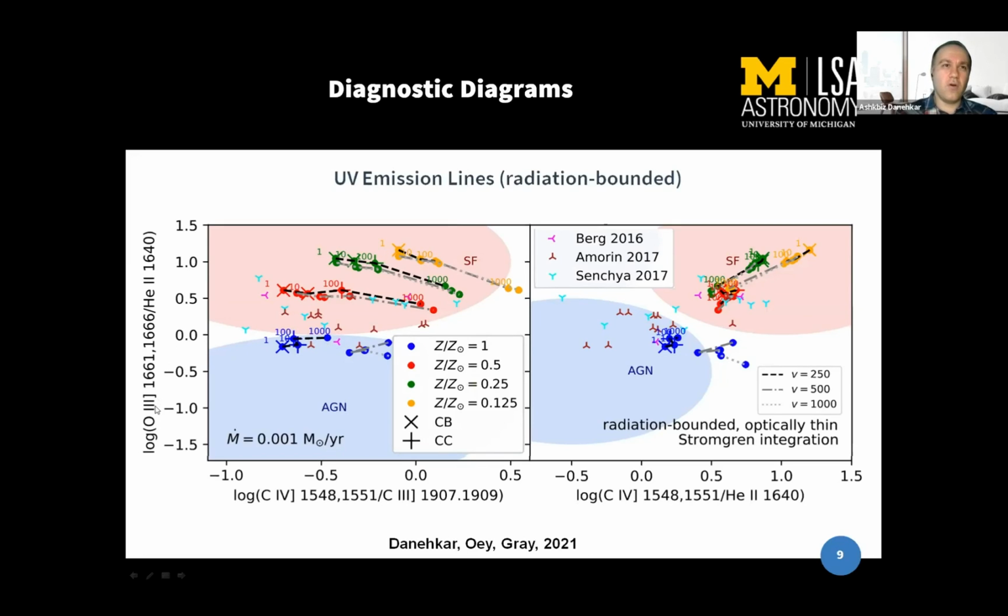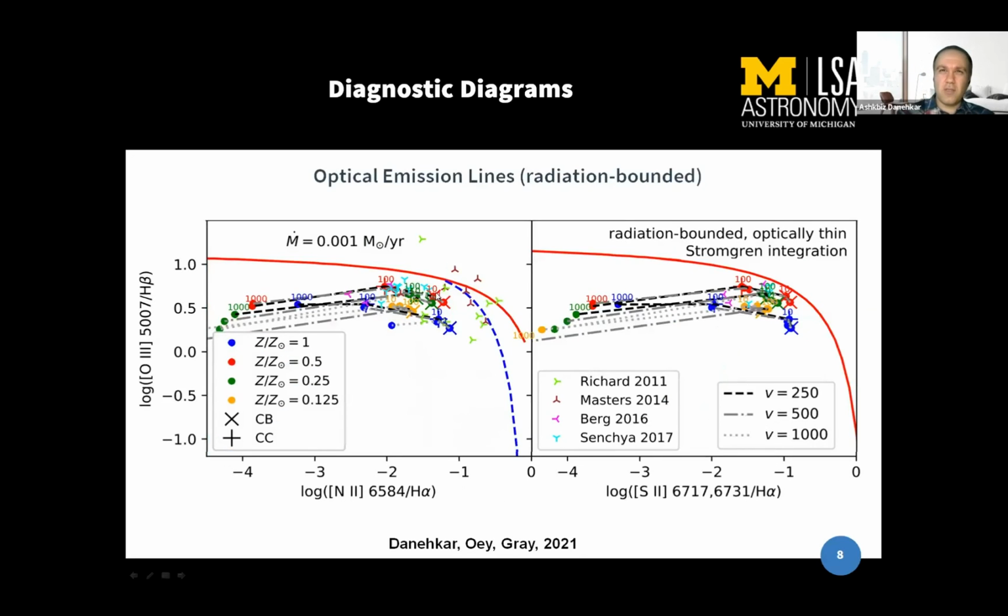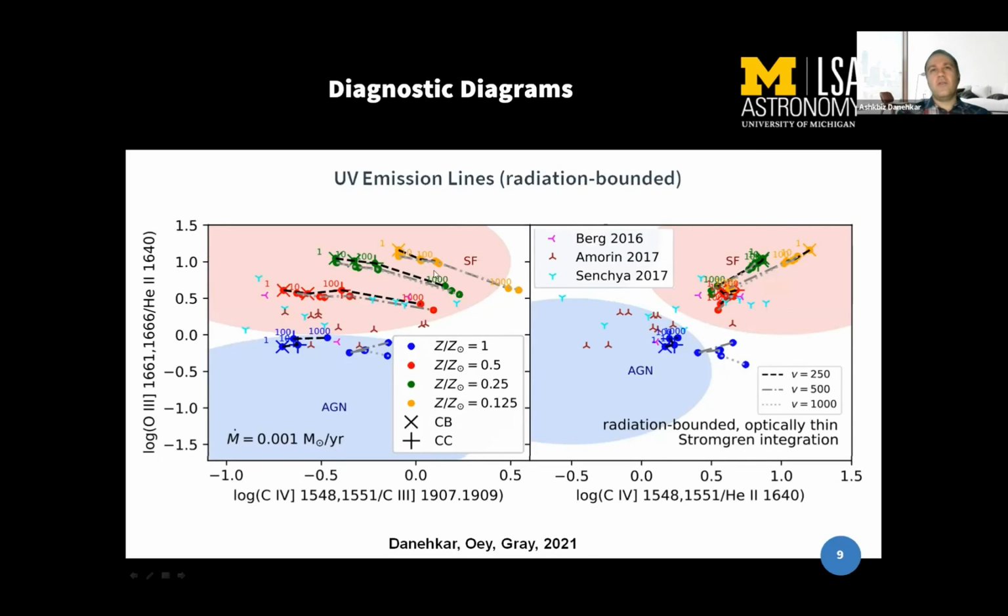So oxygen 3 over helium 2 is reduced by increasing the metallicity, because increasing metallicity contributes to cooling effects. In optical it is a bit difficult, but in UV, yes, we see the change in metallicity reduces oxygen 3. Right.